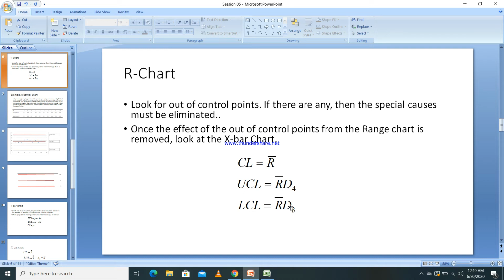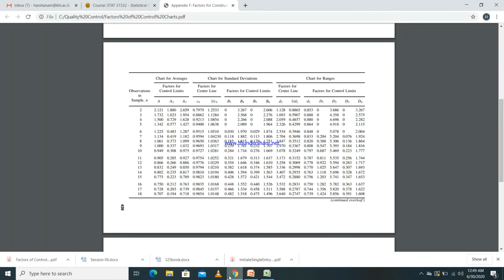Now we need to find D4 and D3, which you have to read from the table. This is where the sample size is important. If you look at the first column, it shows the observations in the sample. In this question, we have 10 consecutive days, but each day you have a sample of 5 observations, so 5 elements.